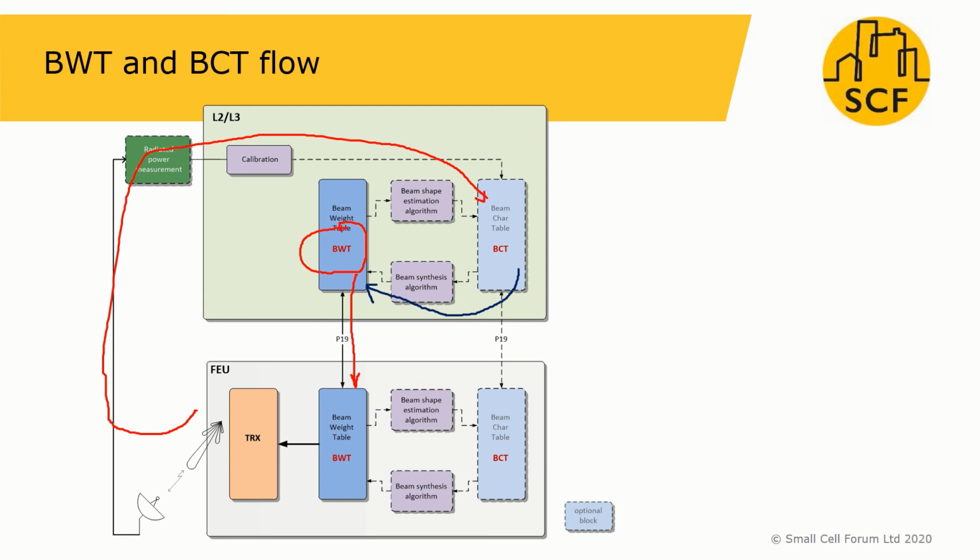P19 does not mandate any rules for the generation of the beam weight table and the beam characteristics tables. The boxes shown in dashed lines are all optional units. The P19 API is limited to the exchange of the beam weight table and the beam characteristics table between the stack and the front-end unit.